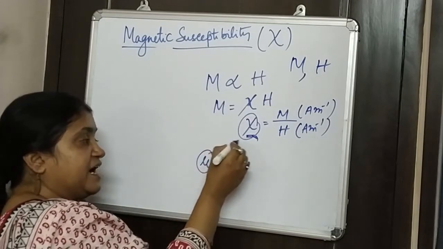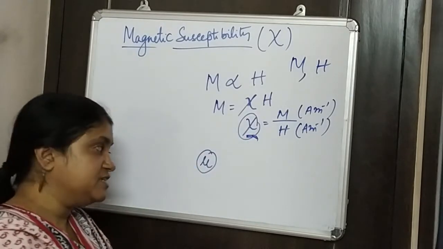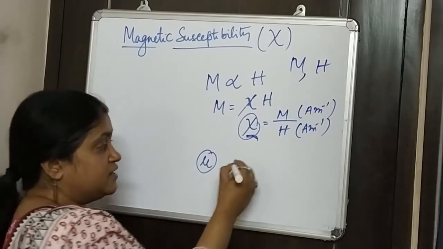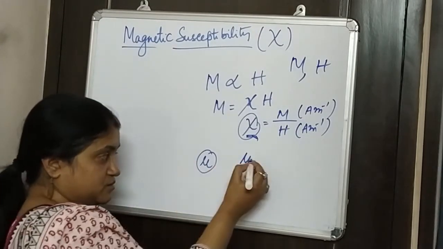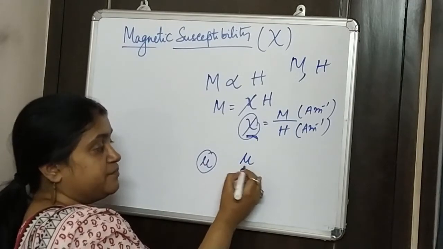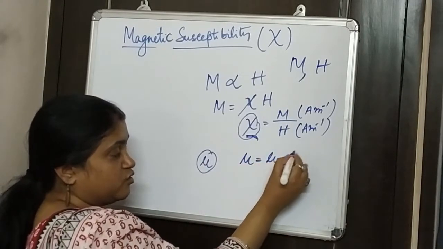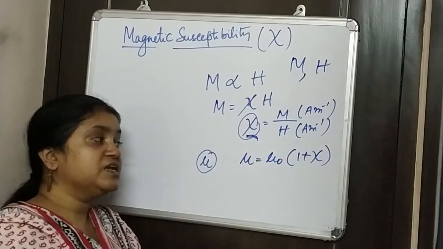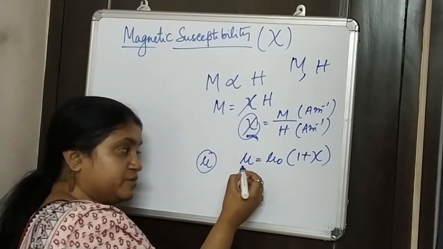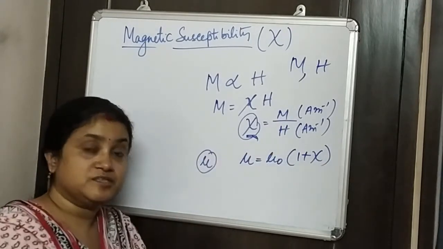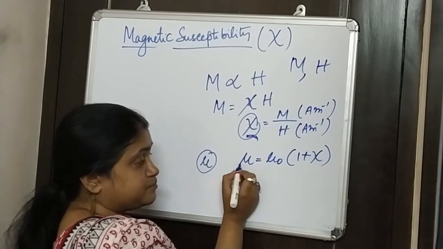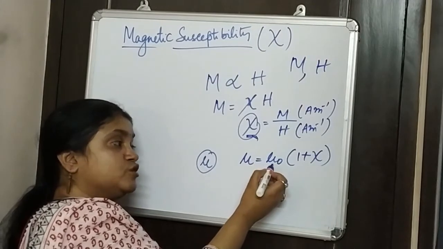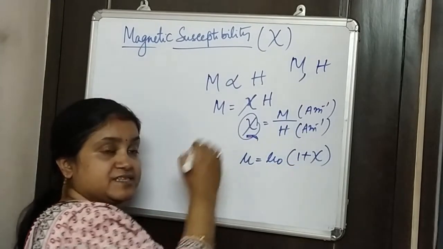The permeability and the susceptibility of a material have a very nice relation. It says that mu equals mu naught into 1 plus chi. So this is the relation between permeability and susceptibility. Here mu is the permeability of the medium, mu naught is the permeability of free space, and chi is the susceptibility of the medium.